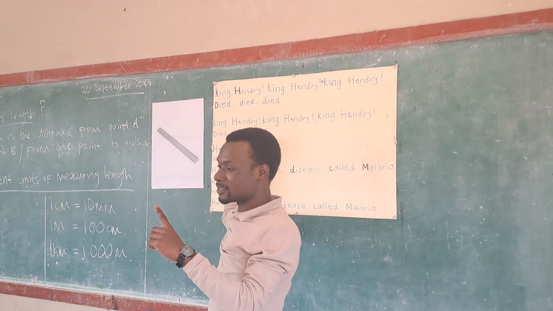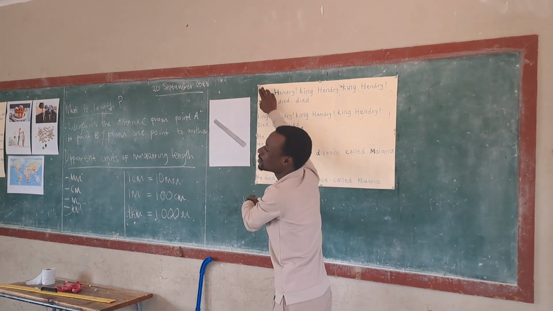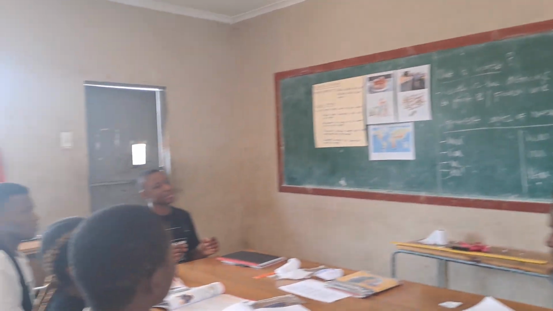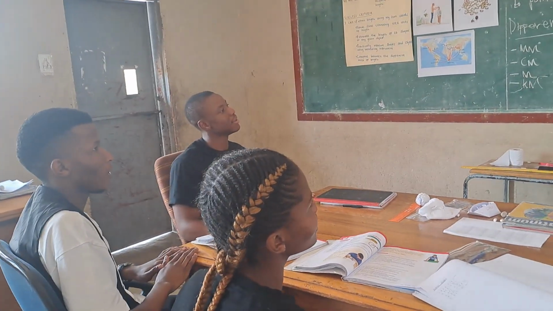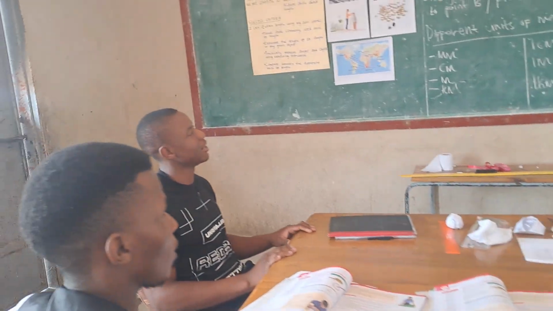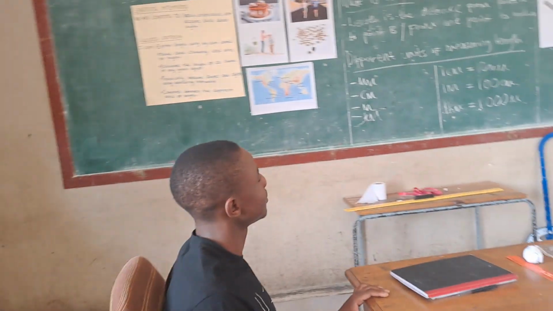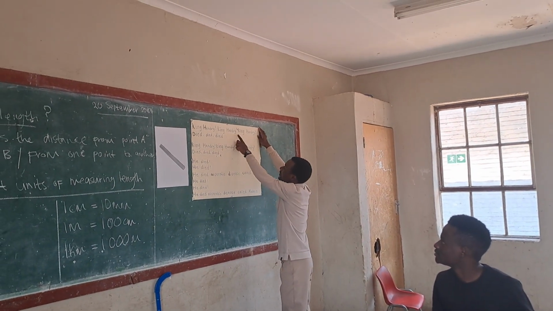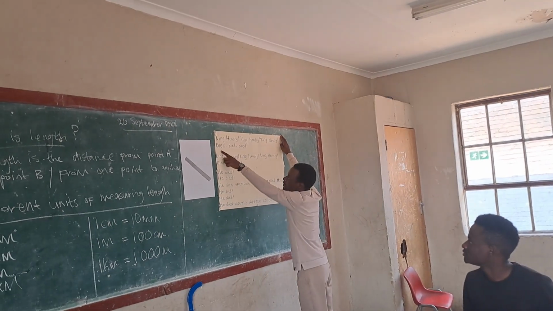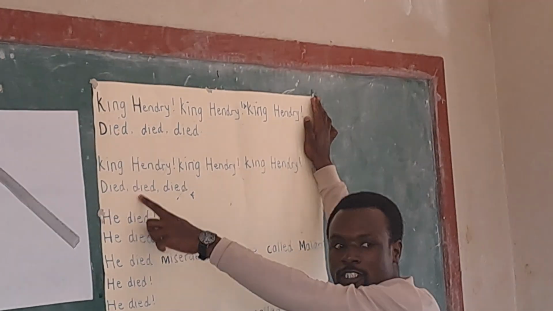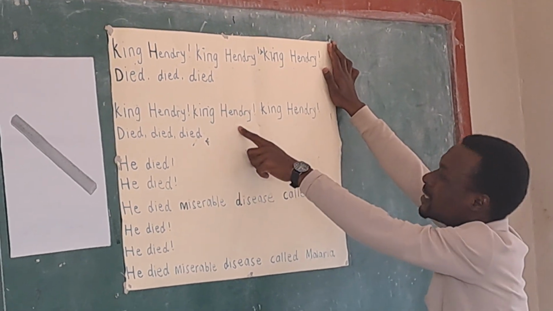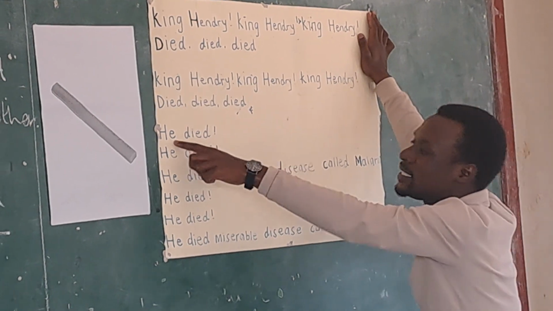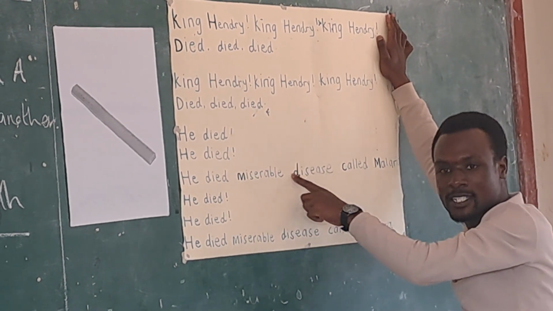I need to hear bass from you boys. Let's try it. Excellent. But you have to go with the beat. The movement will be: say King Henry, then boys die. We repeat King Henry, boys die. Then all together: he died on a miserable.